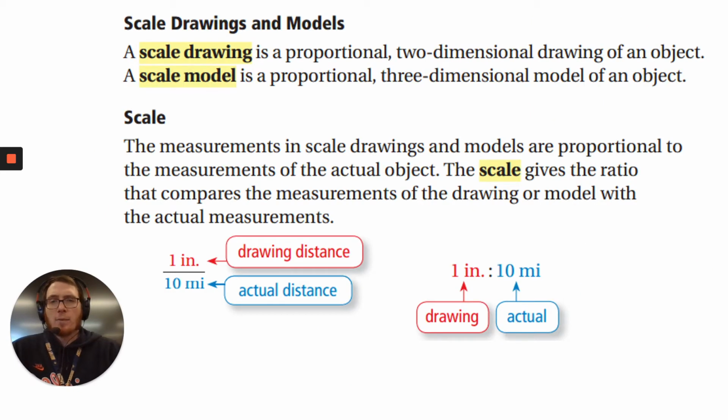Okay, this information is right from your book. So scale drawing is for 2D objects, scale model, 3D objects, but really they're the same idea. And the scale is always the distance or a piece of the model or drawing first, and then the real life one. So in this situation, 1 inch is 10 miles. That could be something like a map. And what that's saying is 1 inch on my map is 10 miles in real life.